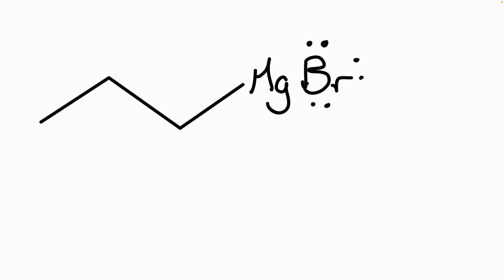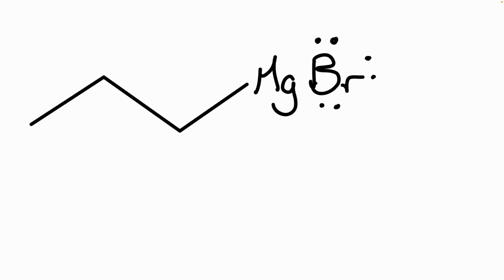Metals' electronegativity is very low. Metals don't hold on to their electrons very tightly at all. So in this bond here, our carbon has a ton of electron density. This is a very polar bond where carbon is the one holding all that electron density, and that magnesium is left relatively electron deficient.